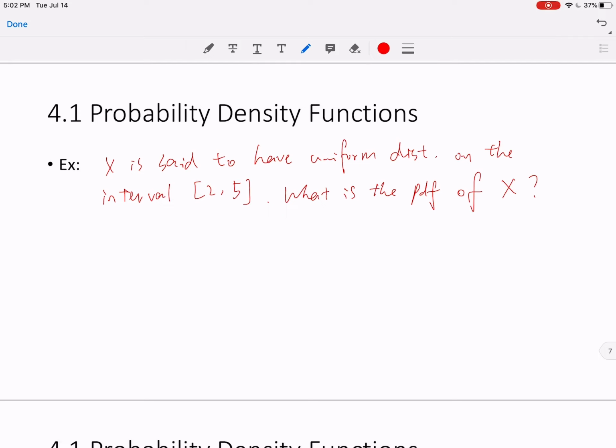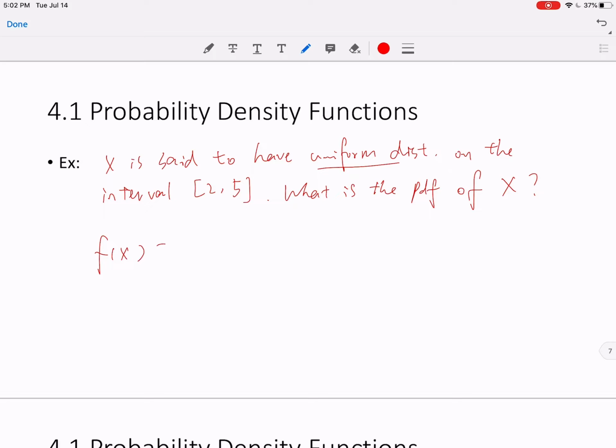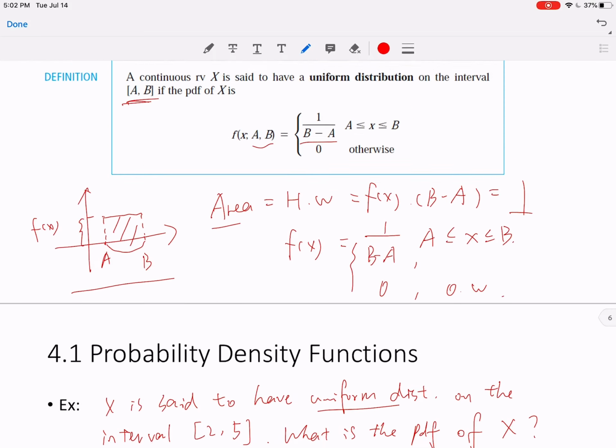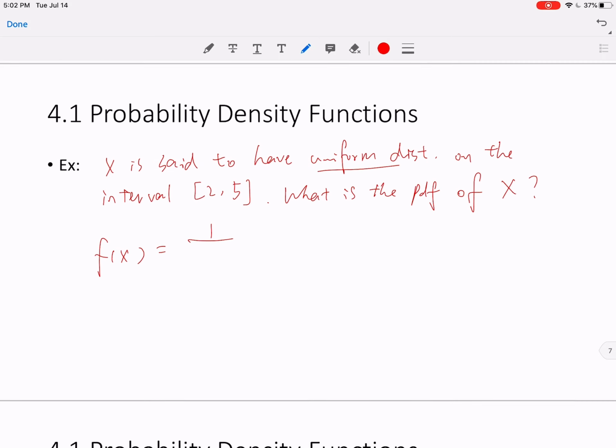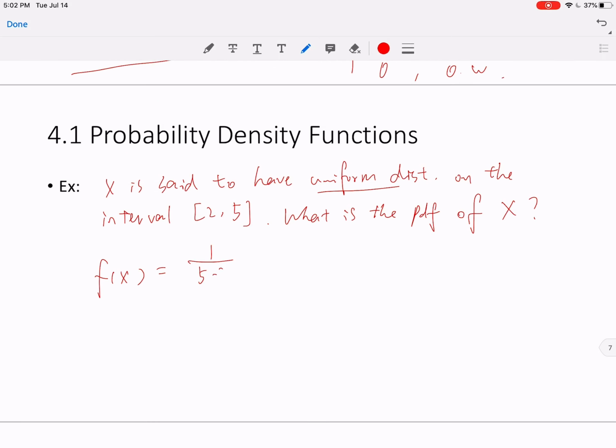Based on the fact that we know the interval already, and that this is a uniform distribution, to find the PDF we know that f of x would be equal to 1 over, based on the definition of uniform distribution, the right endpoint minus the left endpoint. In this case, that would be 1 over 5 minus 2, which is equal to 1/3.